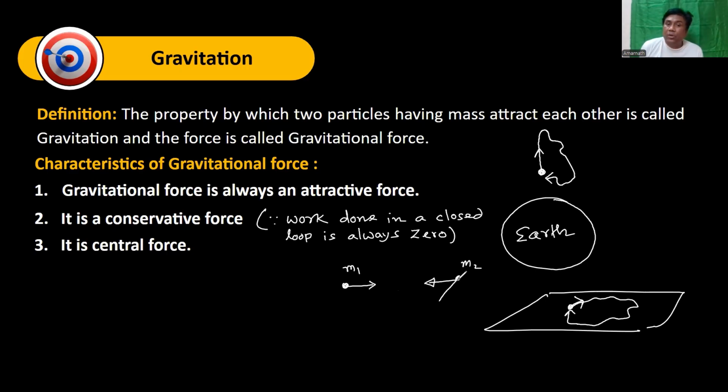They will not attract along other directions. The two particles always act a force on each other along the line joining their centers of mass. If it is so, it is called a central force.